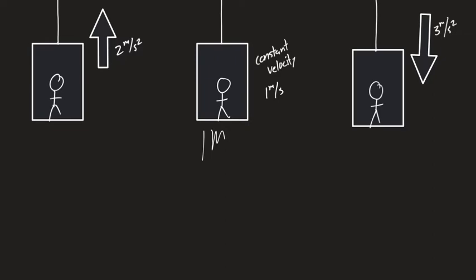Now, what I would like is for you to tell me the tension in the cable that acts on the elevator. Let's say the elevator has a combined mass with you of 500 kilograms. And I think you could probably agree with me that the mass of the elevator isn't going to change.